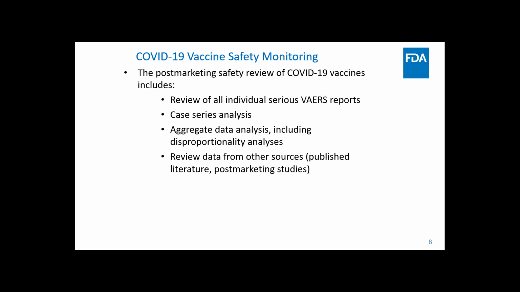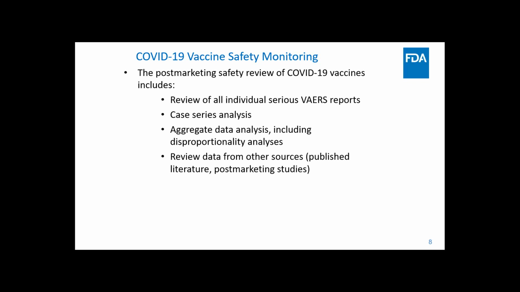So with COVID-19 vaccine safety monitoring, the post-marketing safety review includes a manual review by our medical officers of individual serious reports that are submitted to VAERS. At times, we do a case series analysis. We also do aggregate data analysis, including disproportionality analyses for vaccine adverse event pairs.